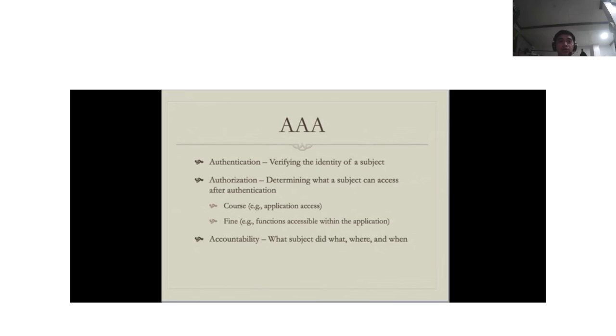So in other words, the subject has to prove to us that it is who they say they are, no? So for example, a user will authenticate by entering a user ID and a password. Okay, so by using a certificate, an application might para ma-authenticate, no?